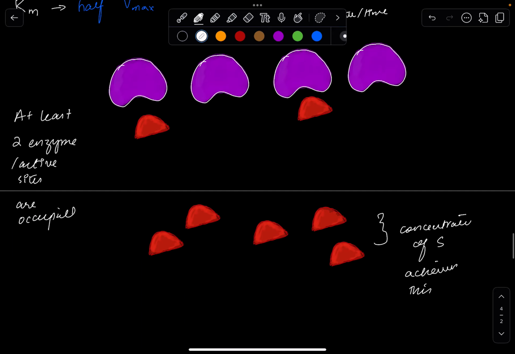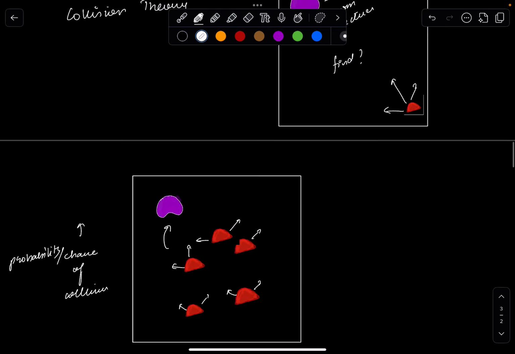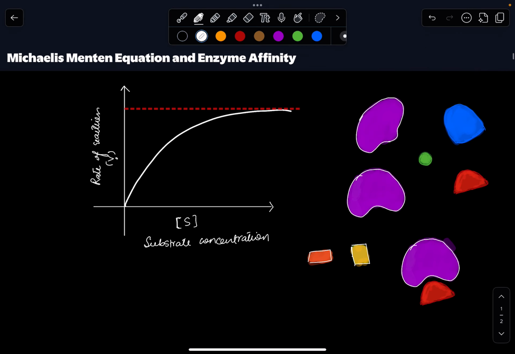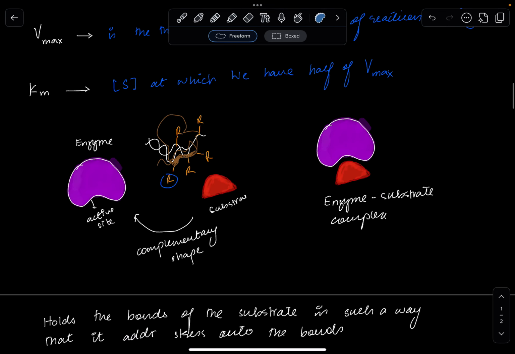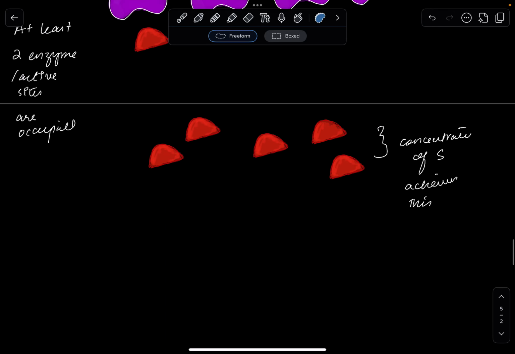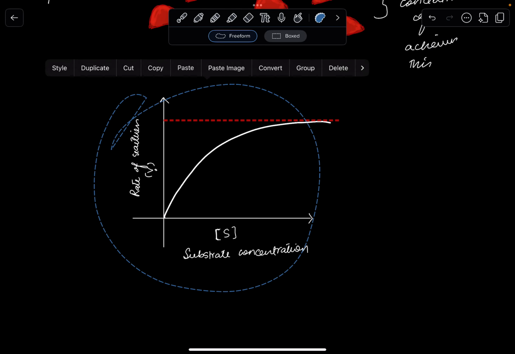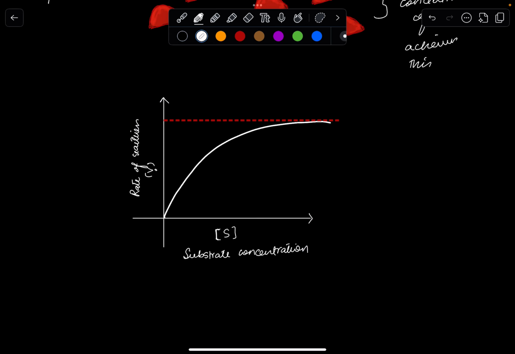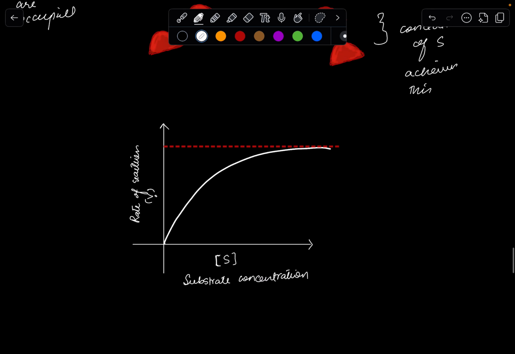And so if we use these pieces of information, and then we look at what your rate of reaction would look like, on a graph it would look like this. You will see an initial linear increase. So if I increase the substrate, I am increasing the rate of reaction.